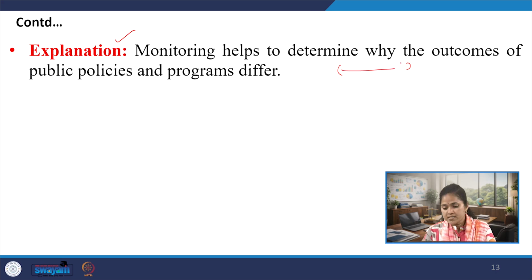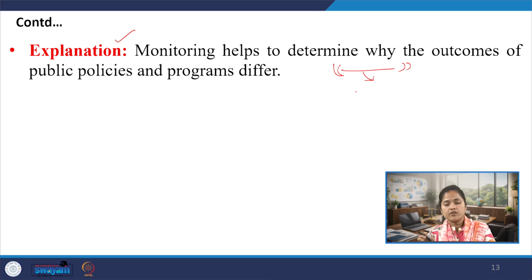Once the gap is identified at this stage, the policy makers should be in a position to understand the causes of this gap, that is, the causes behind the success or the failure of a said policy. If it is a success, the policy makers can scale up that policy based on these social experiments or pilot experiments.